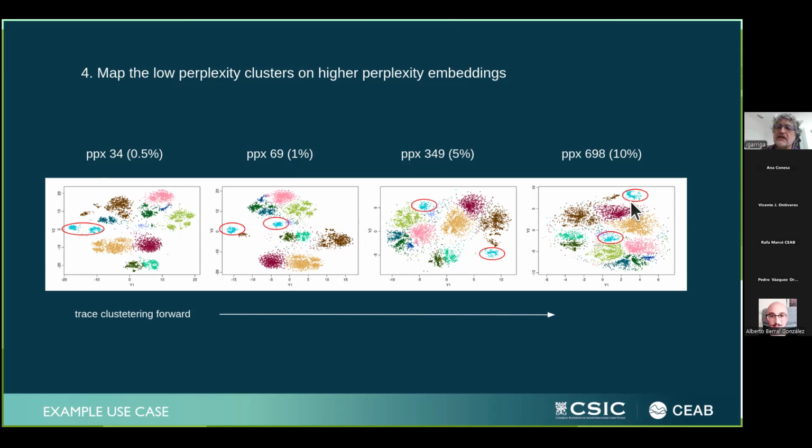And they end up here when we have a good representation of the global structure. And so that means that they should correspond to examples that are not so similar as we may think when we find them here together.